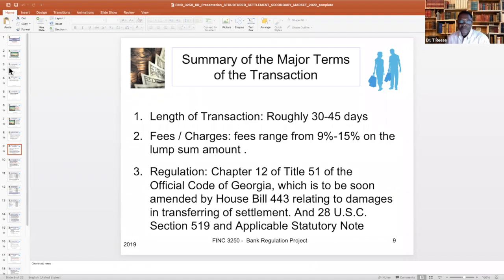You want to confirm that this is still true, and you also want to determine if that title has already been amended by House Bill 443. If so, you need to update the information on this slide to indicate that.